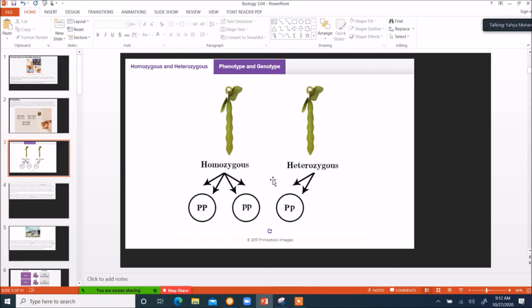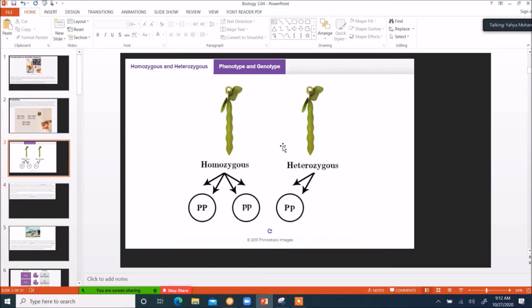So for every gene, every kind of protein that's made, there are two different varieties: one comes from the mother and one comes from the father. They could be different varieties. For example, let's suppose we're talking about the color of the flower, which is either red or white.